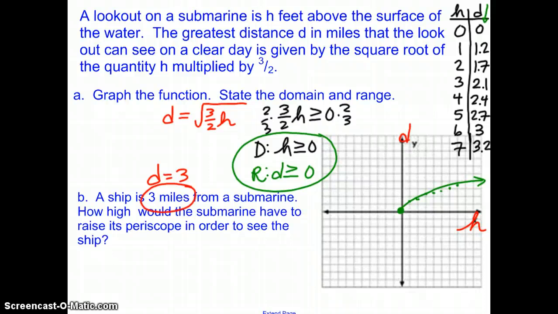So we think, where is distance equal to 3? If we go along over here, we find that it's equal to exactly 3 right here at 6. We could have figured that out from the table as well. So how high will it have to raise? That would be 6 feet.